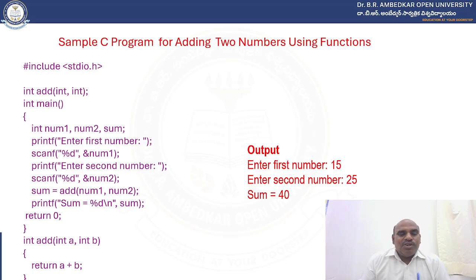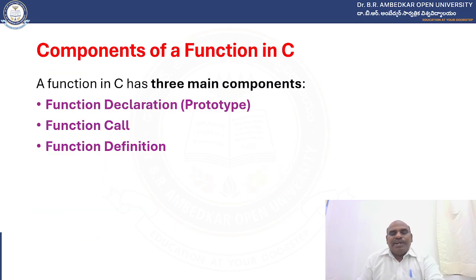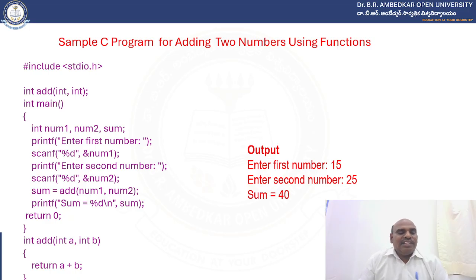What is the function call here? add(num1, num2). This is the function call. Third is the function definition. In the definition, we write int add(int a, int b), like defining. So these are all function definitions.